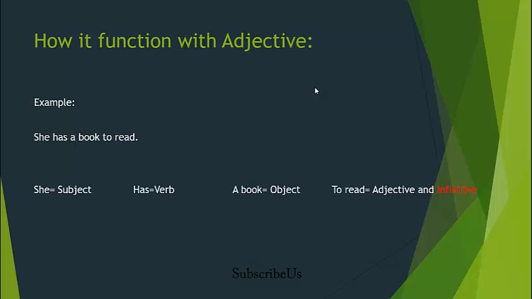So the verb read is qualifying book. It's talking about the book. So this is an adjective, and to read as a whole is an infinitive also. So in this way, an infinitive is working with an adjective. I hope you people are clear with it.